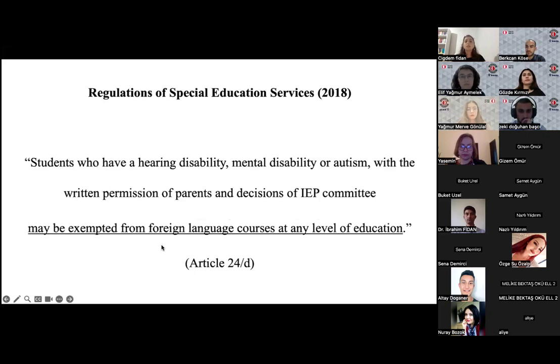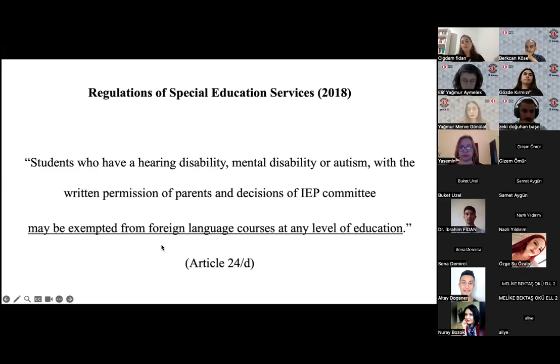And the regulations of special education services, as I said, are written based on the law on individuals with disabilities, and it says that students who have a hearing disability, mental disability, and or autism, sensory loss, right, with the written permission of their parents and the decisions of the individualized education plan committee, may be exempted from foreign language courses at any level of education.